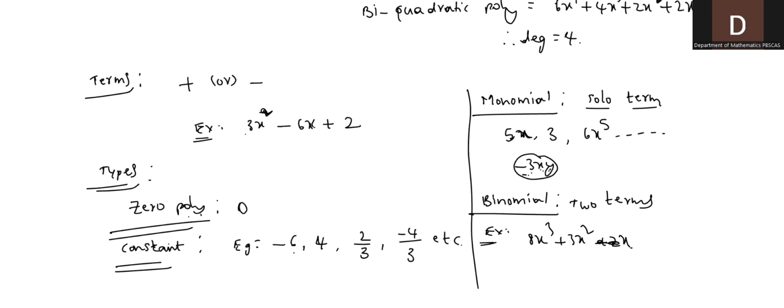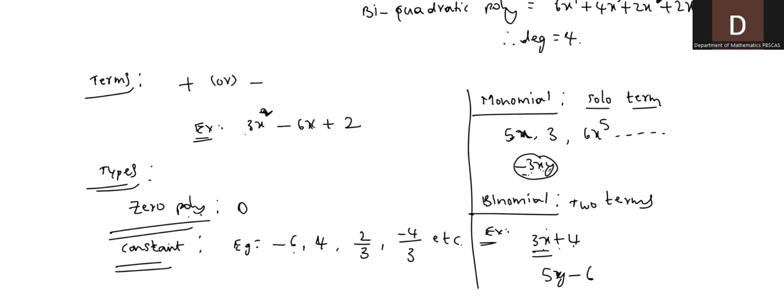We can take any example. 3x plus 4: binomial means two terms, 3x is one term and 4 is another term. So this is called a binomial. And 5y minus 6. 5y minus 6 has two terms. So that is called a binomial.